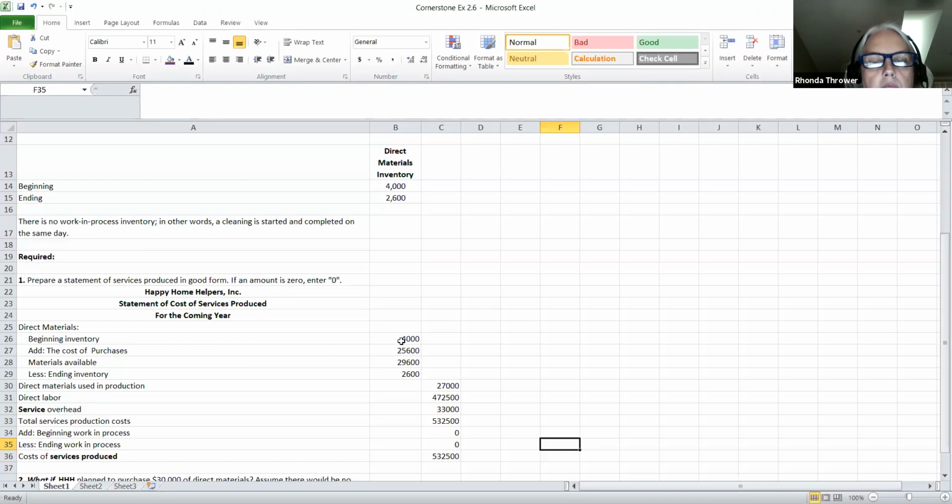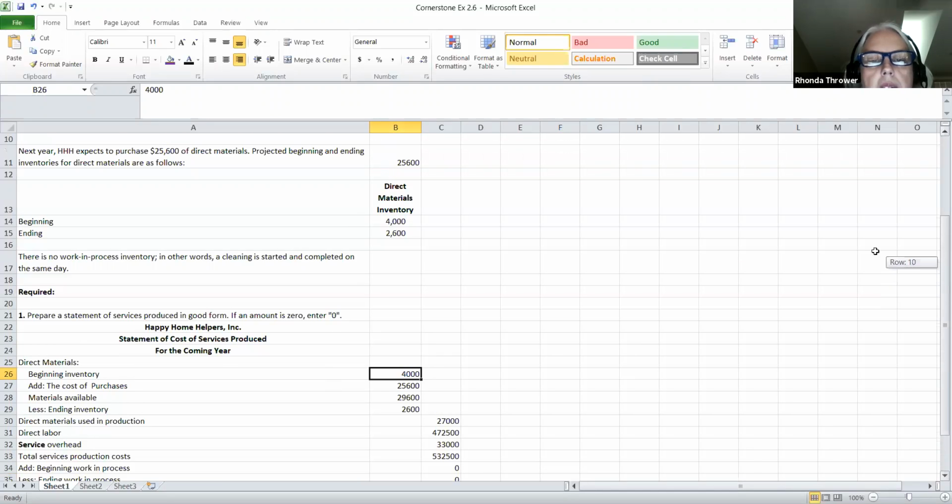The direct materials have a beginning inventory of $4,000. That was given in the problem. So we're going to start with direct materials beginning inventory.